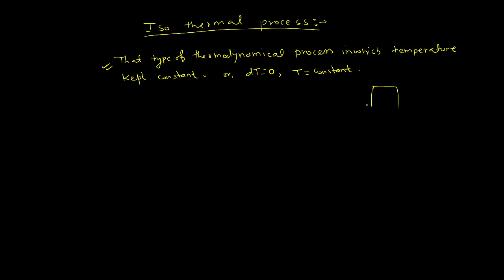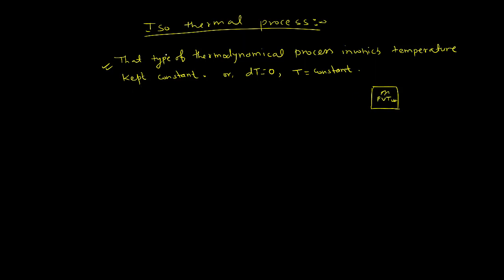If we have the system in which pressure, volume and temperature are variables, here the temperature is kept constant and pressure and volume are changeable.